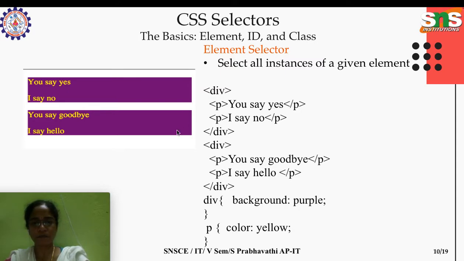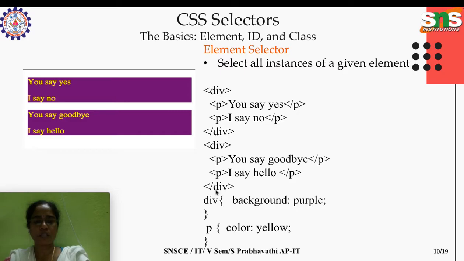We have two div elements with two paragraphs inside, and here I am giving the CSS. This should be present in a separate file. This is part of HTML and this is part of the CSS file, so don't confuse it. Here I am taking div elements. Div will refer to both this div and this div.